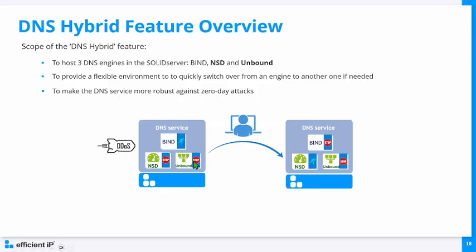In a DNS server, they have 3 DNS engines. BIND is one of them. NSD is a DNS engine only for authoritative, not for recursive. And then Unbound is a DNS engine only for recursive, not for authoritative.